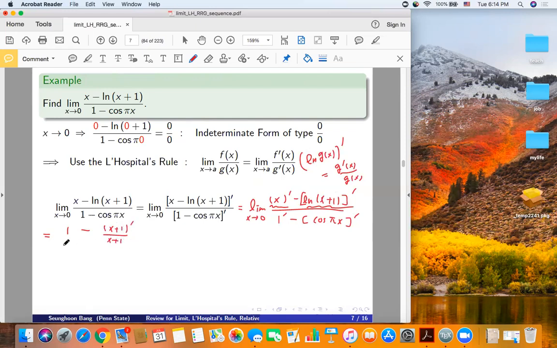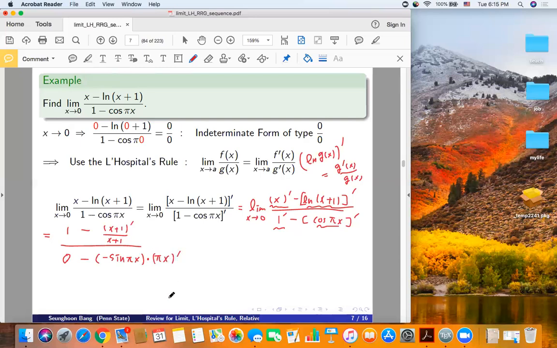What's 1 prime? It's 0. Minus cosine pi x prime: the derivative of cosine is negative sine pi x times pi x prime.